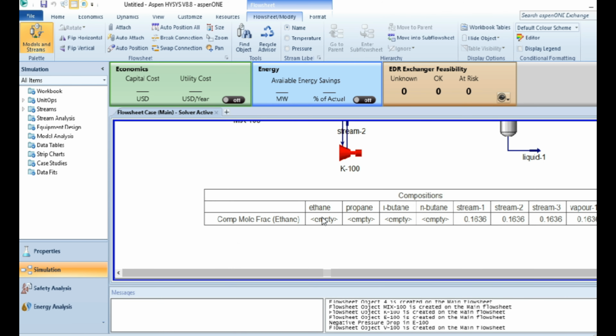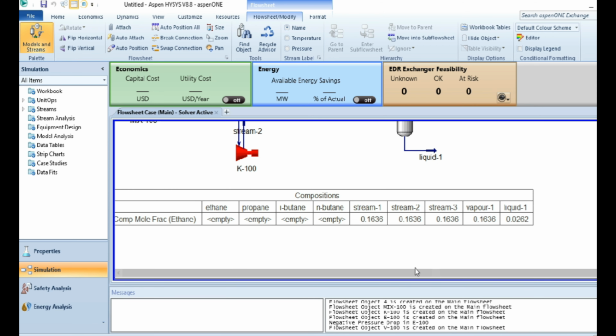You see ethane here, the composition you have for stream 1. For ethane you have 0.1636, and stream 2 the same thing, stream 3 the same thing. At vapor you have 0.1636. At liquid you have 0.0262.